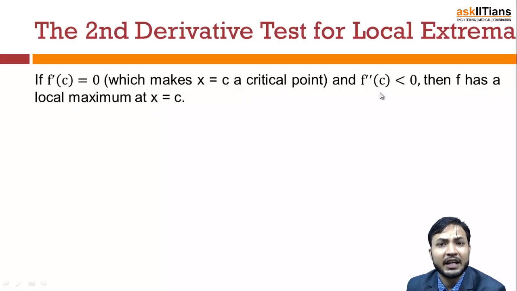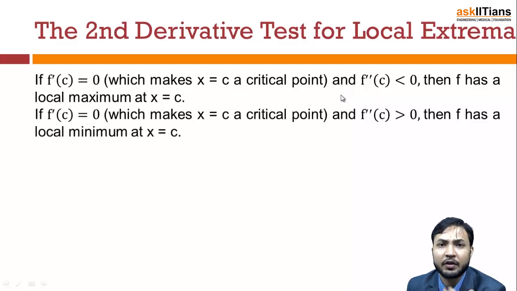The second derivative has to become negative. If that happens, then that is the point where my maxima is achieved. And the inverse would be the case for local minima. If my second derivative is positive, then at that point I achieve my local minimum. So it is all related to the first graph function that we studied.